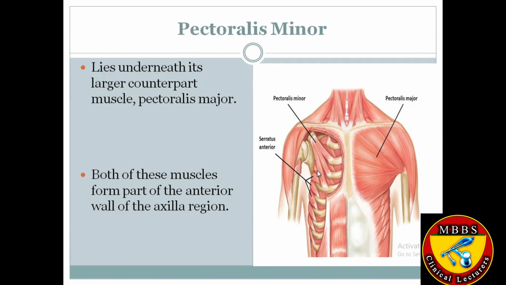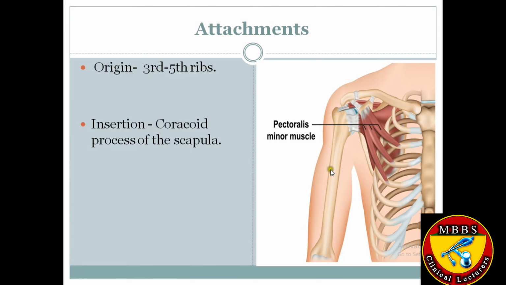Then the next muscle of the pectoral region, the pectoralis minor muscle. As we remove the pectoralis major muscle, we can see the pectoralis minor muscle. Both of these muscles form part of the anterior wall of the axillary region. The pectoralis minor muscle originates from the third to fifth rib.